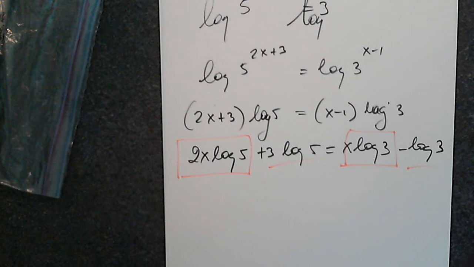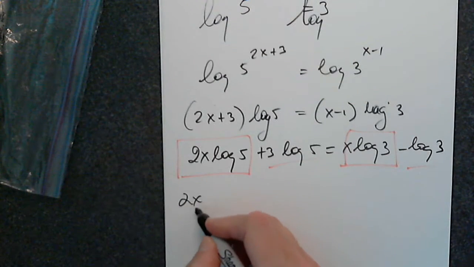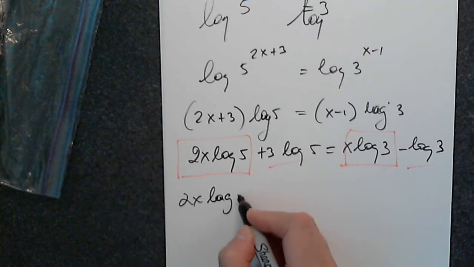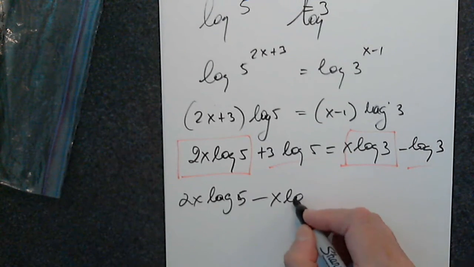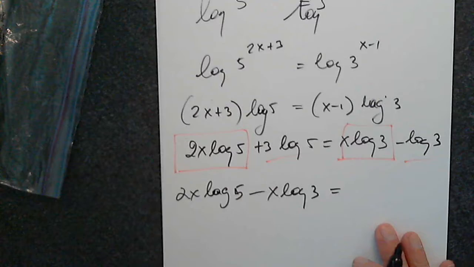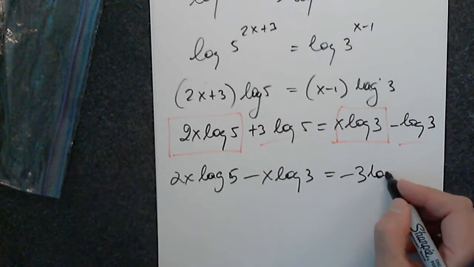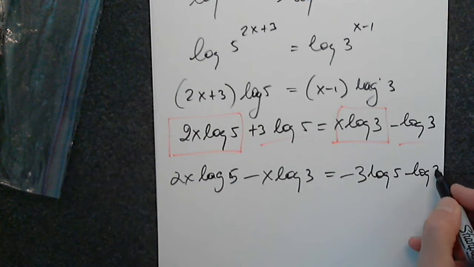It's a linear equation. I want all terms with x on one side. And I want terms without x on the opposite side. So then I copy 2x log 5, and then exactly minus x log 3 equals negative 3 log 5 minus log 3.